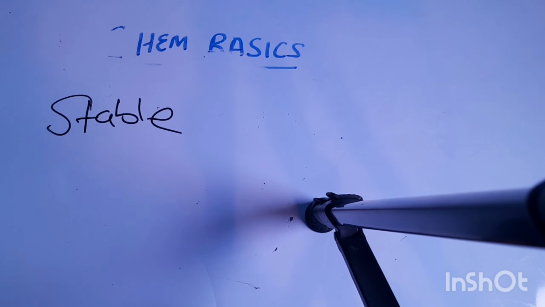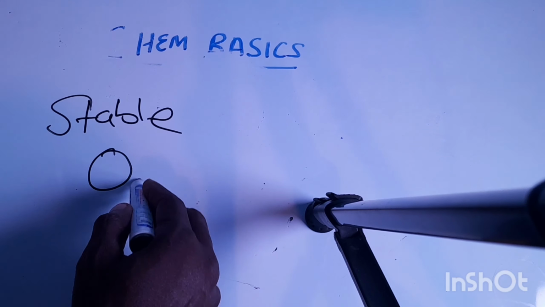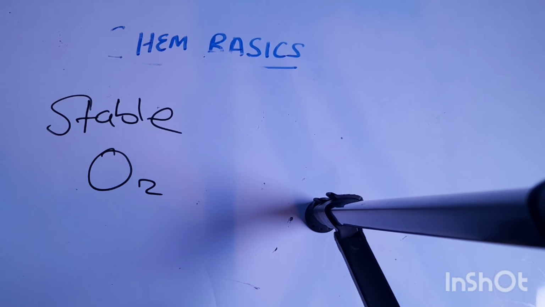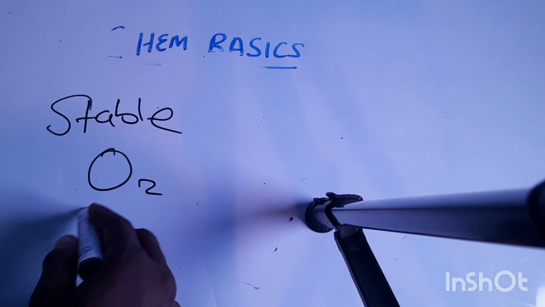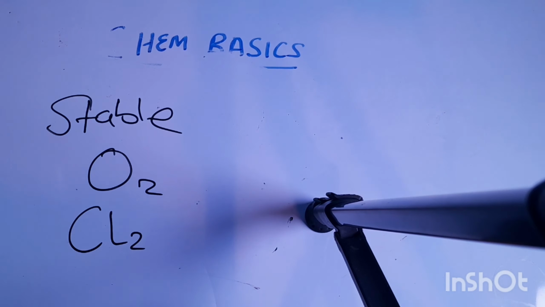That's why some elements cannot stay as single atoms. In most cases, oxygen is given as O2, and chlorine is given as Cl2. That's how the elements become stable, which I'll get to in a moment.